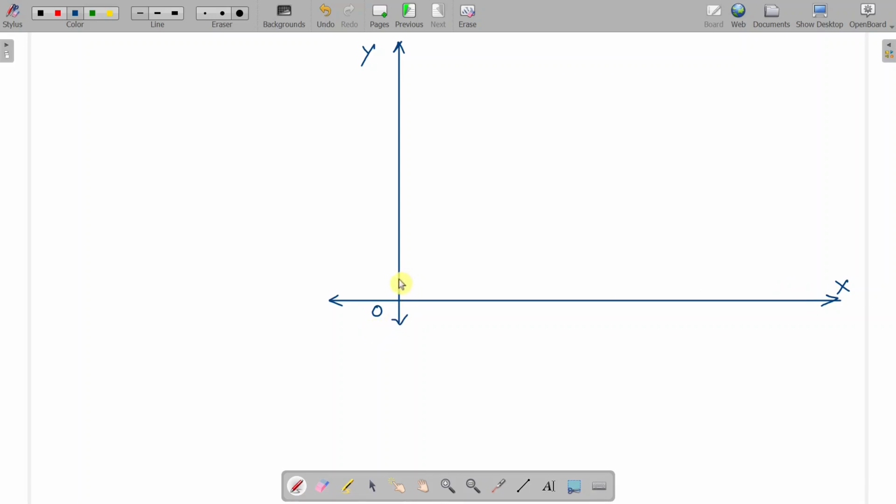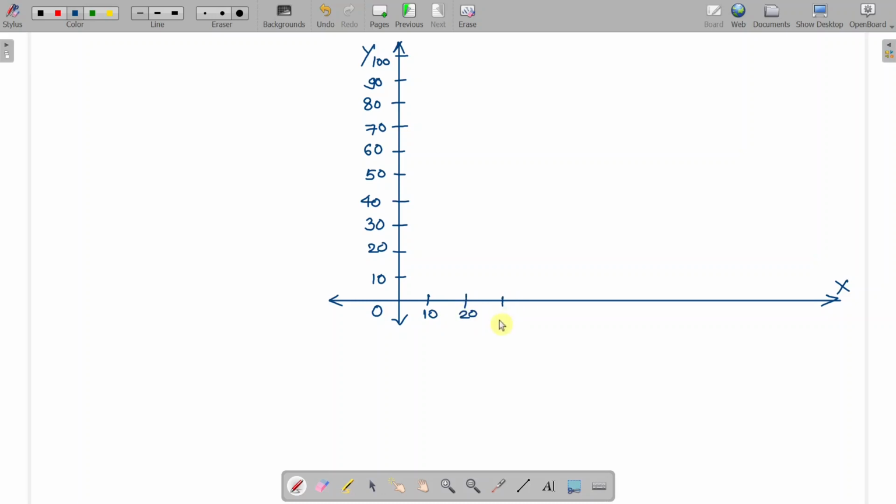And now we will mark the points here: 10, 20, 30, 40, 50, 60, 70, 80, 90 and 100.